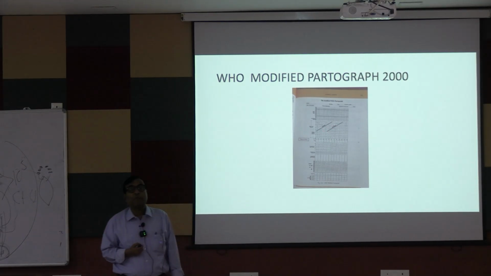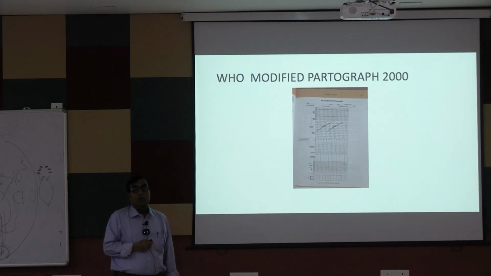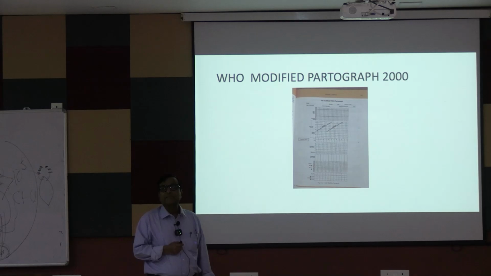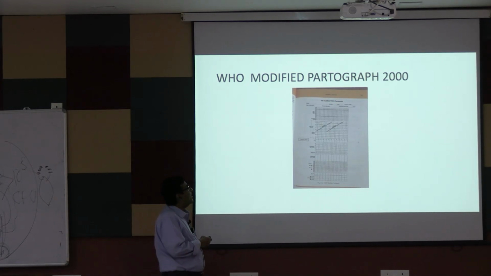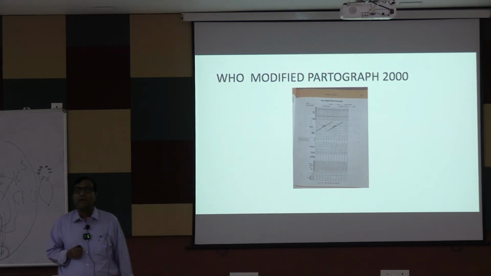Why is this gap of 4 hours there? Because if it was not there, if we started action only on the alert line, the unnecessary cesarean section rate would have increased, and it is seen that this 4 hour lag does not compromise the fetal and maternal condition.